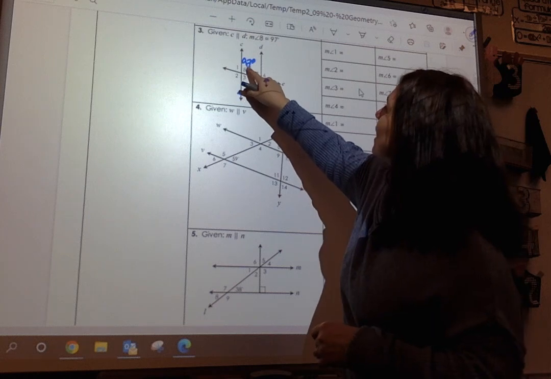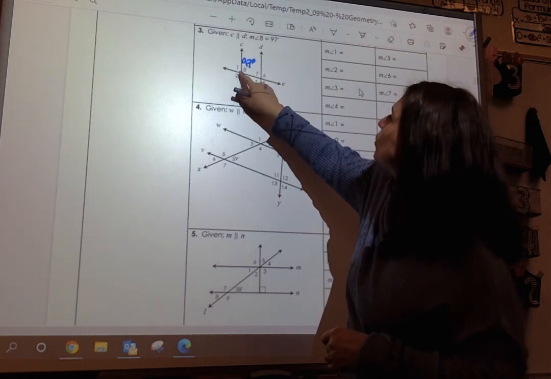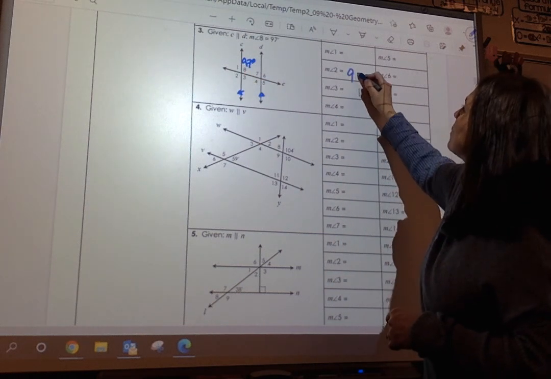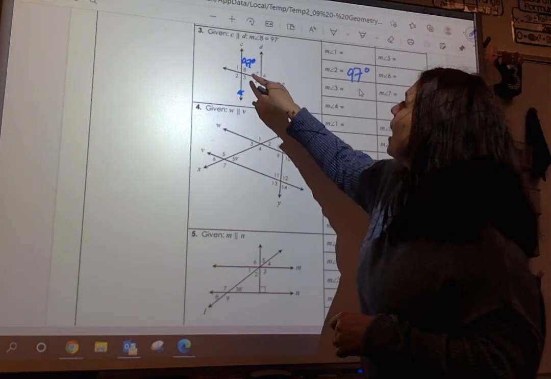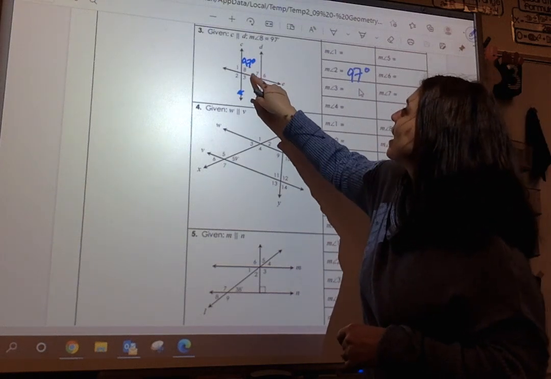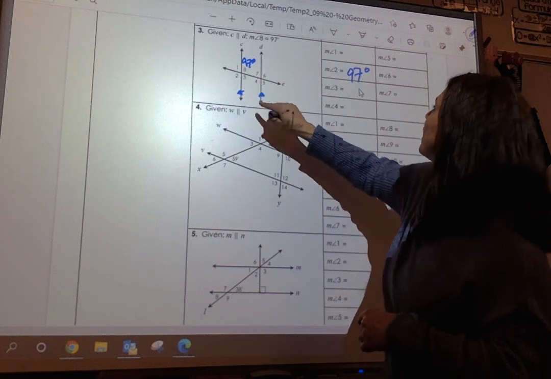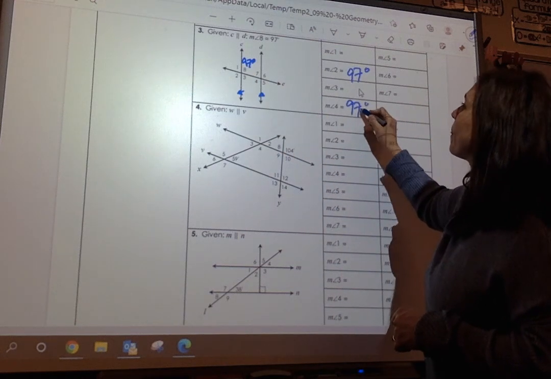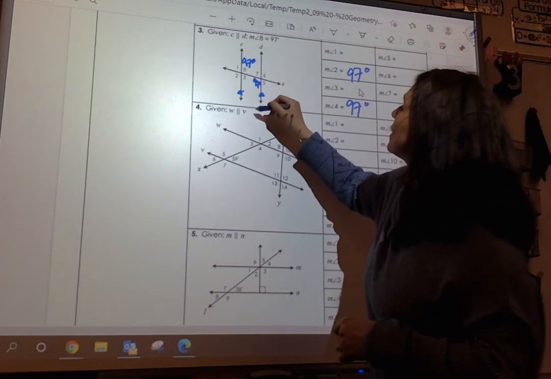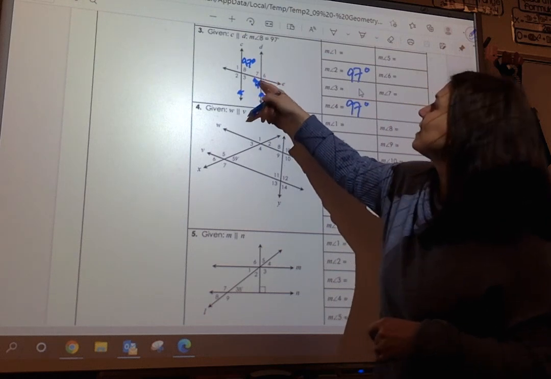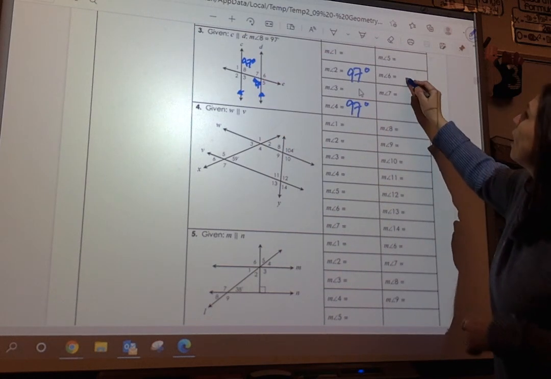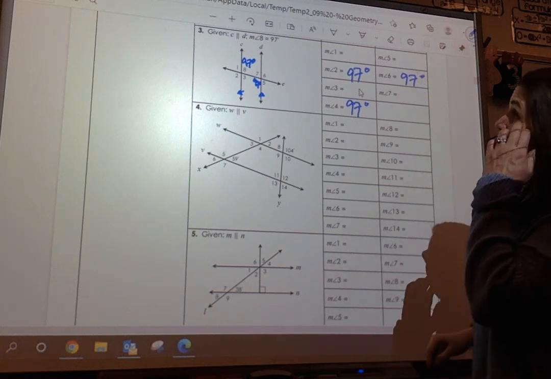If angle 8 is 97 degrees, I know that angle 2 is 97 degrees because those are vertical angles. I know that 4 is 97 degrees because these are alternating interior angles. So this is 97 degrees. I know that 6 is 97 degrees because 6 and 4 are vertical angles.